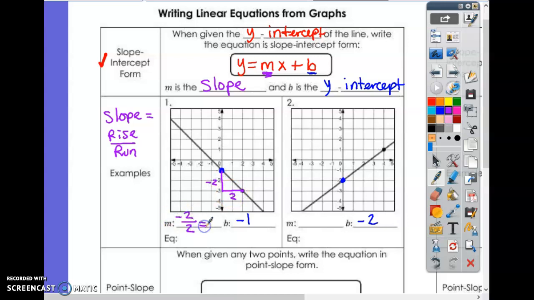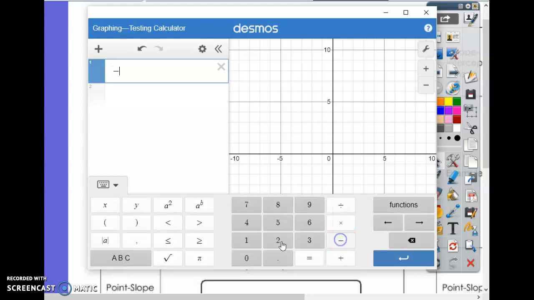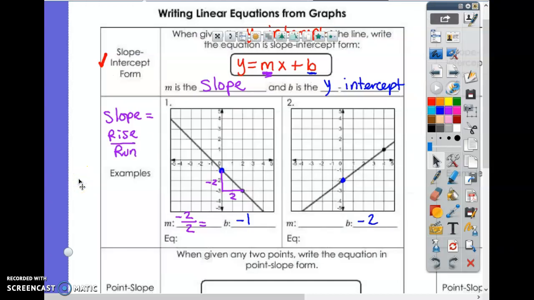Put it in decimals and see what it gives you. What does it give you in decimals? -2 divided by 2 is -1. So my slope is -1 for this one.